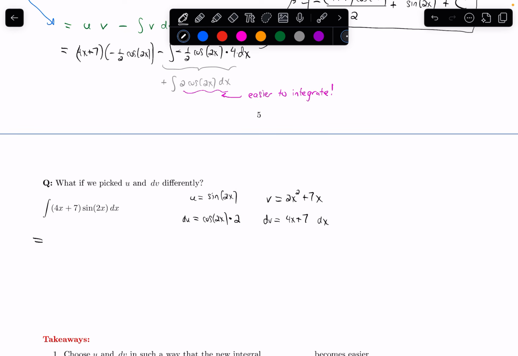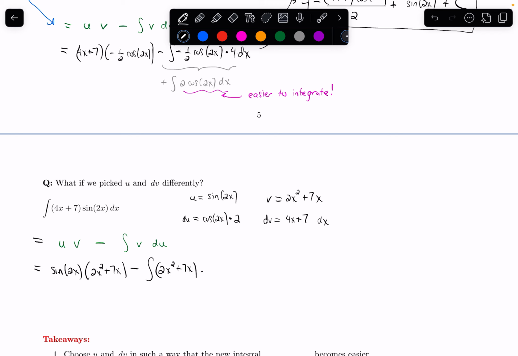So if we do our integration by parts, remember the formula is uv minus the integral of v du. Eventually we're going to use this so often that we'll commit it to memory, but it may take us some practice until we get there. So u times v is sine of 2x times 2x squared plus 7x, and then minus the integral of v du, so v is 2x squared plus 7x.